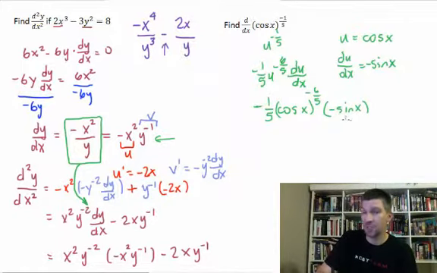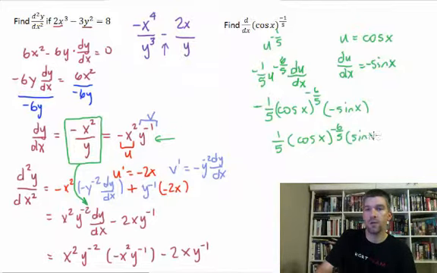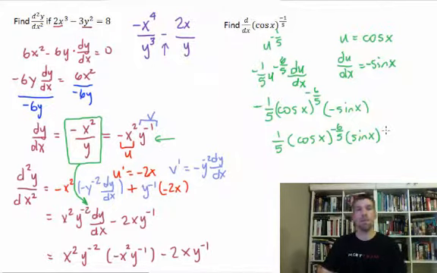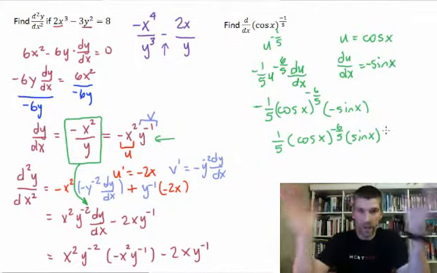Well, you can't be finished here. Go ahead and multiply these two things together. Negative times a negative is positive, so I'm going to end up with 1/5 times cosine of x to the negative 6/5 times sine x.